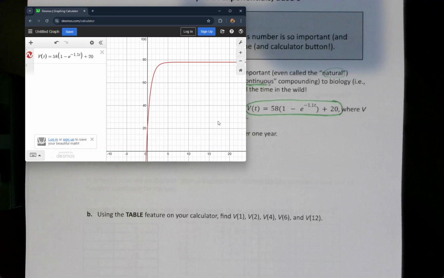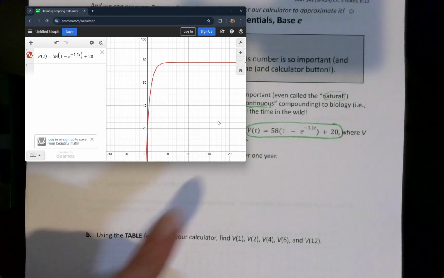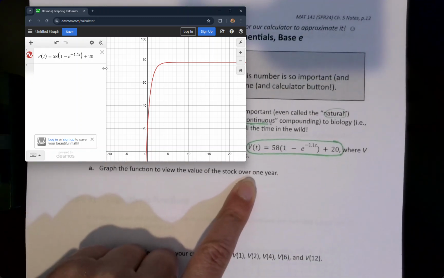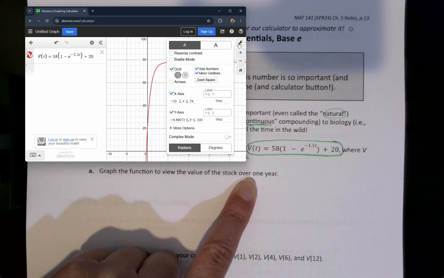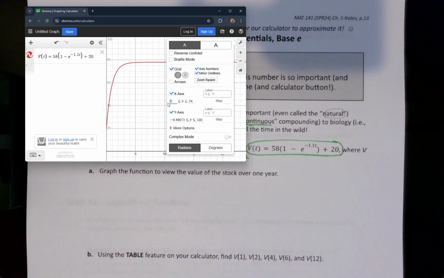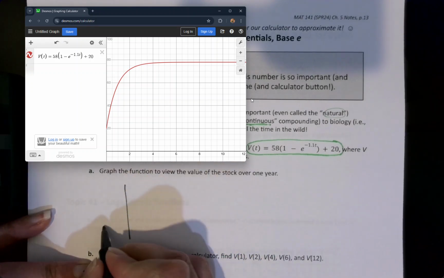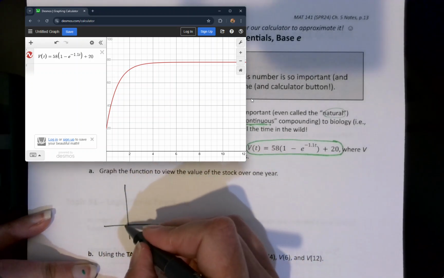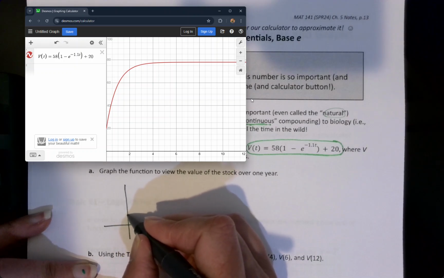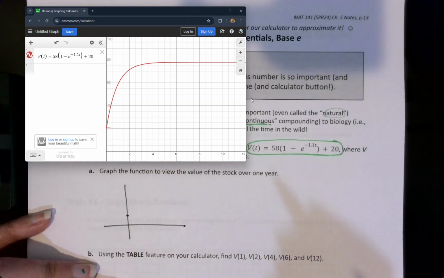Okay, interesting shape on this graph right here. Now, they did ask me to graph the value of the stock over 1 year, so I did do 2. Let me just trim this back to look at this for 1 year. I'm going to cut it down to look specifically between 0 and 12 for 1 year. All right, so I can see my graph, and 20 seems to be the height at 0.